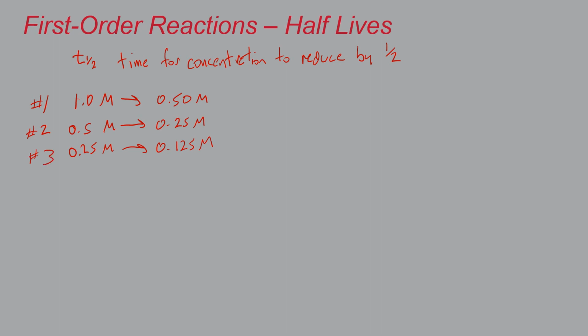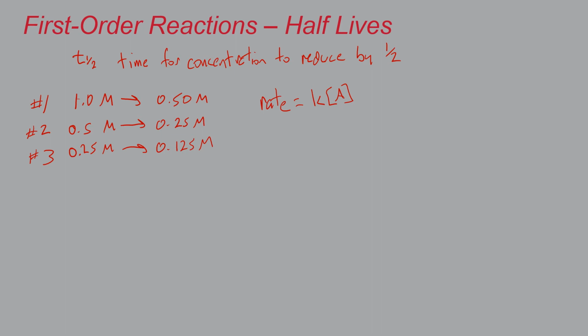Now what I want you to think about is how these times would compare for half-life number 1, number 2 and number 3. Because remember that for first order reactions, rate is equal to k times the concentration to the first power. So the rate is continually changing, right?